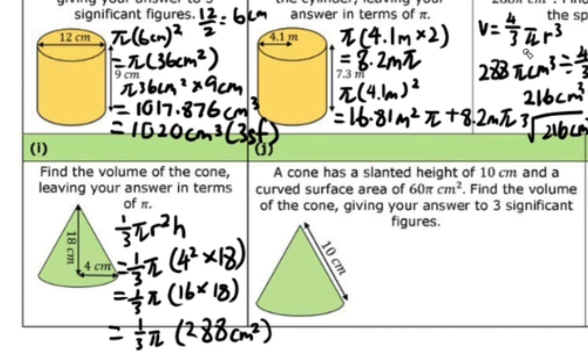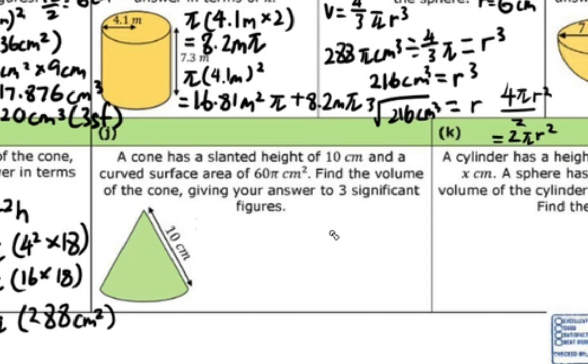So the formula to find the curved surface area is pi r l, where l represents the slanted height of the cone.